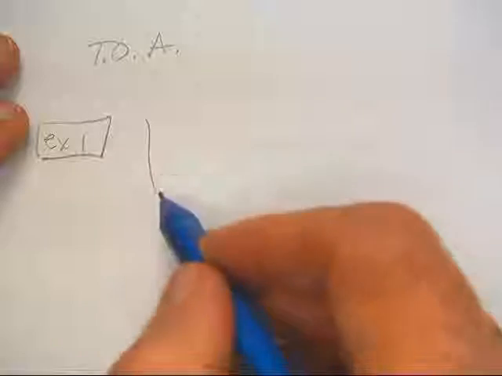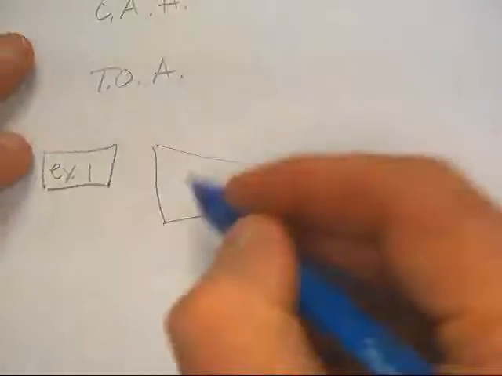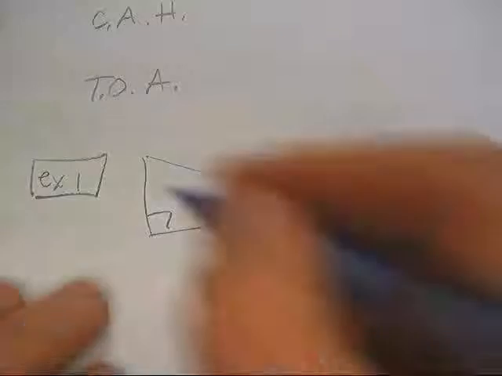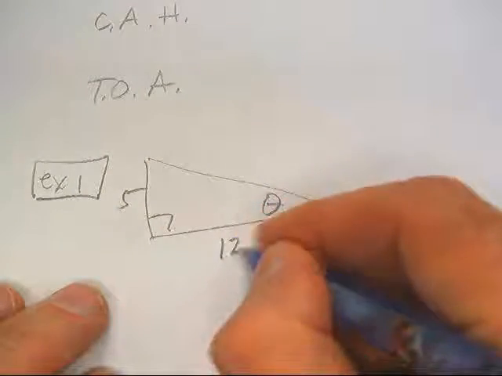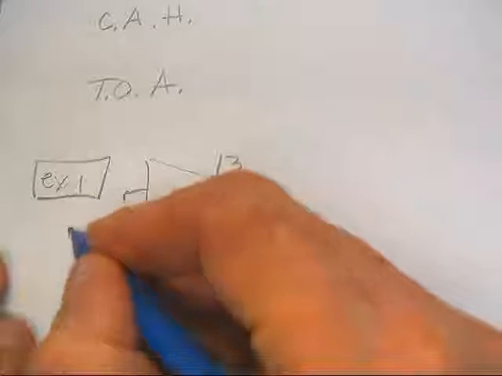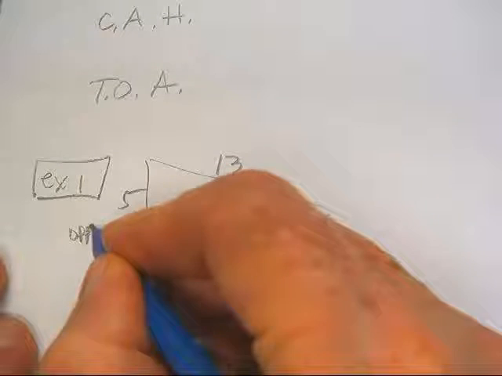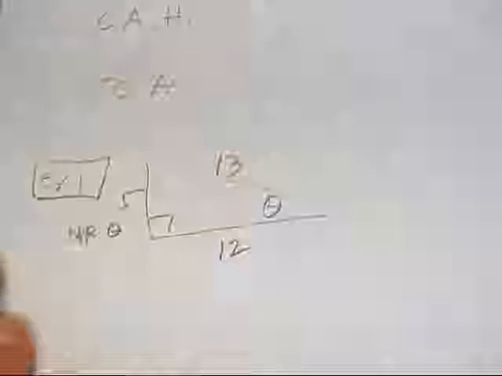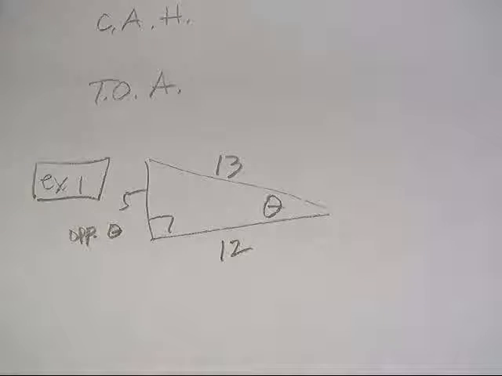So in example 1, let's say I had any old right triangle, and the sides were like this. There's some Pythagorean triples where all the sides will be whole numbers, not all of them, but some of them. So right over here by this one, abbreviate opposite and put theta right there.